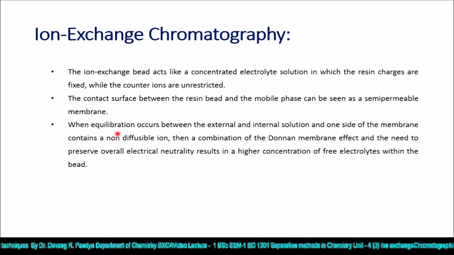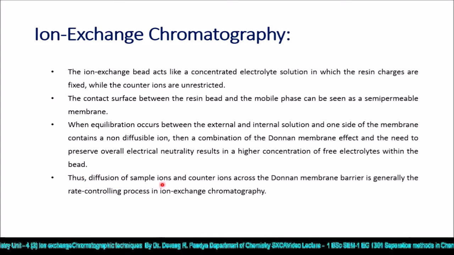When equilibration occurs between the external and internal solution and one side of the membrane contains a non-diffusible ion, then a combination of the Donnan membrane effect and the need to preserve overall electric neutrality results in a higher concentration of free electrolytes within the bead.